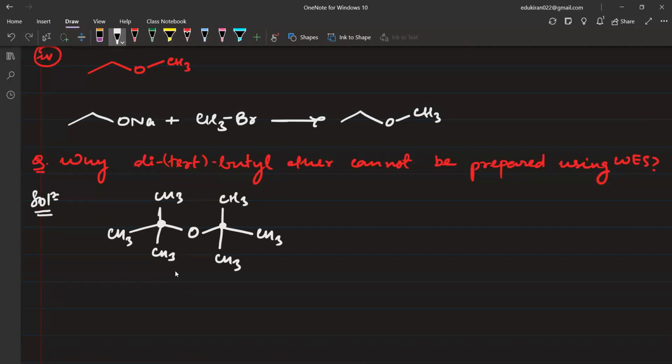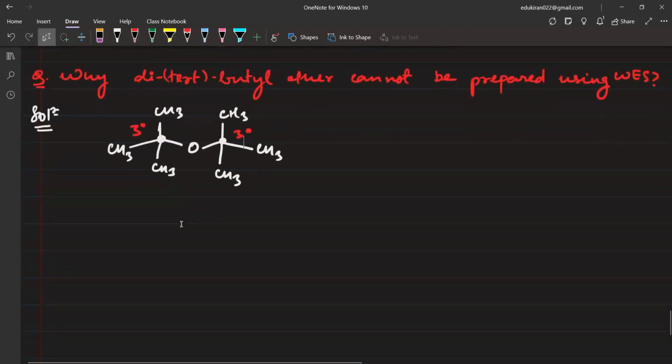As you know that in Williamson ether synthesis, one of the alkyl groups should be coming from haloalkane. Right? One of the alkyl groups. Now, both of these are the same alkyl group, but the problem is both of these are 3 degree. And we know that if I react a 3 degree haloalkane, then it is going to give us alkene and we will not get ether. That is why di-tertiary butyl ether cannot be prepared.